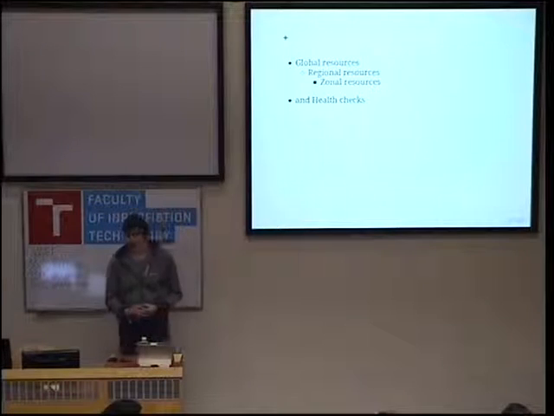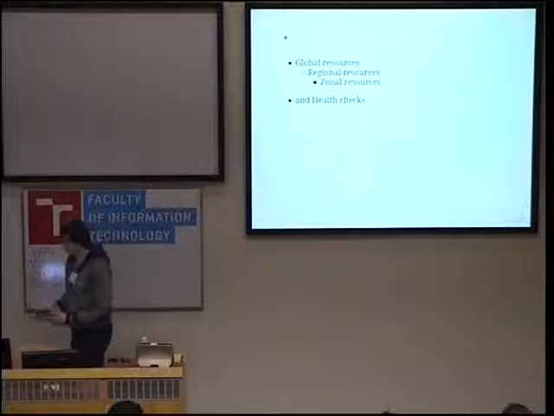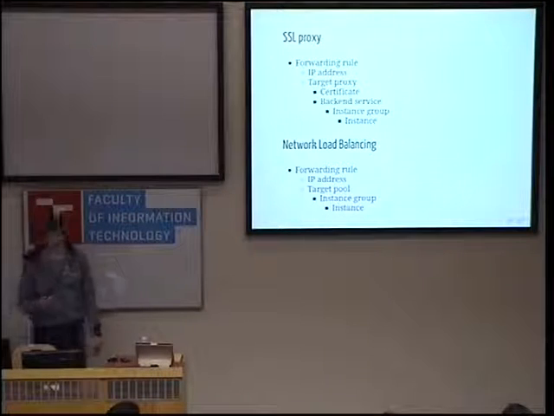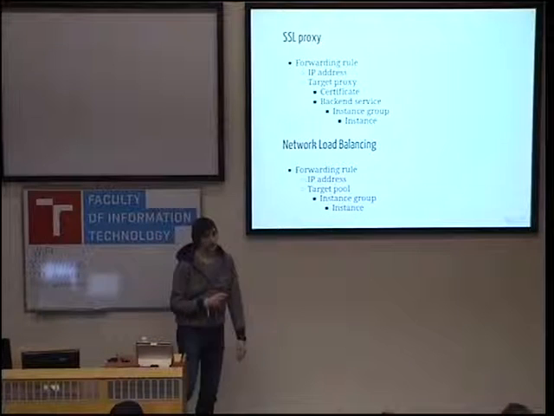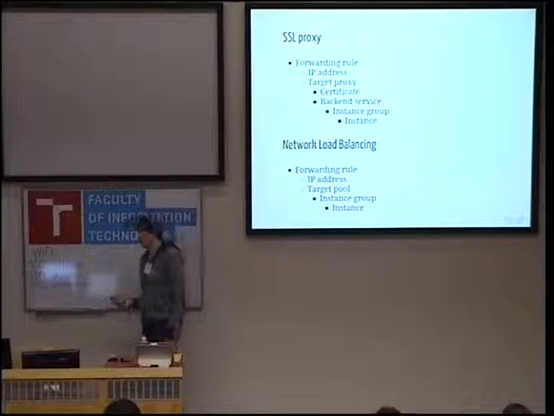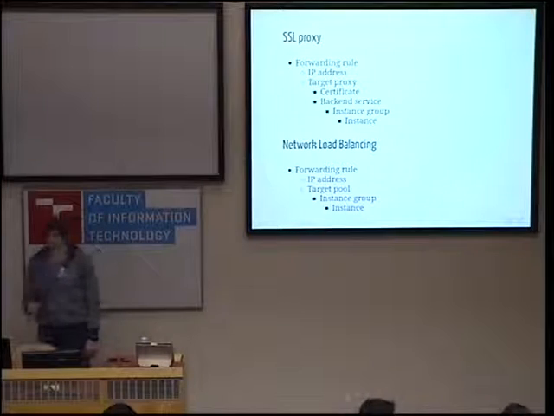So you need to know that for SSL proxy you need a global IP address, but for network-based load balancing you need a regional IP address and stuff like that.